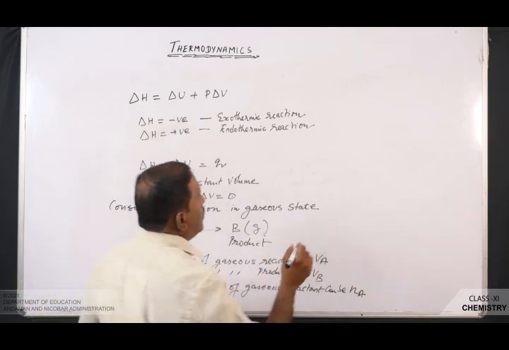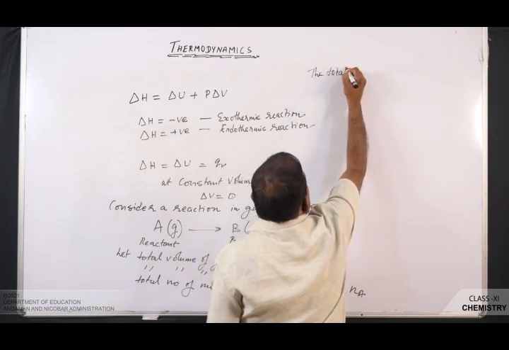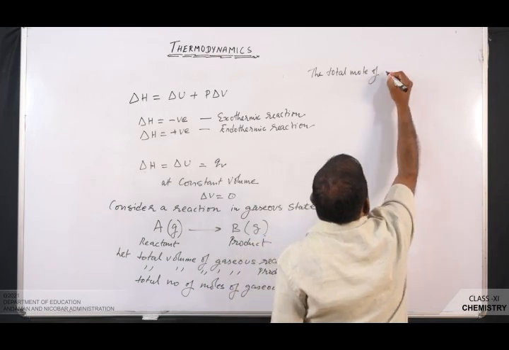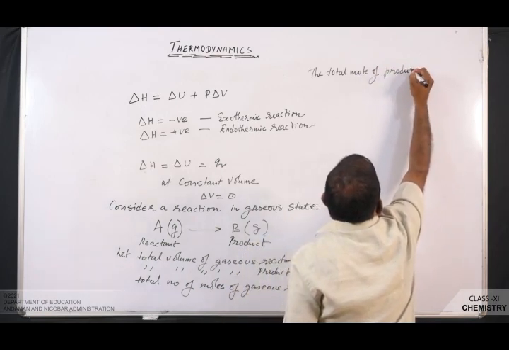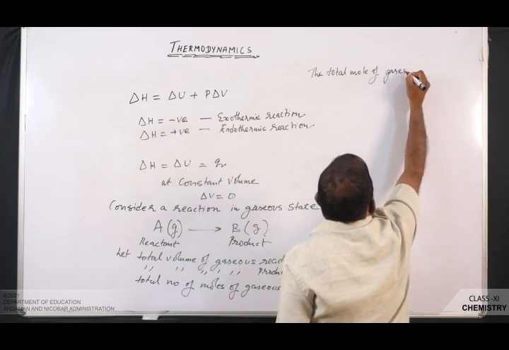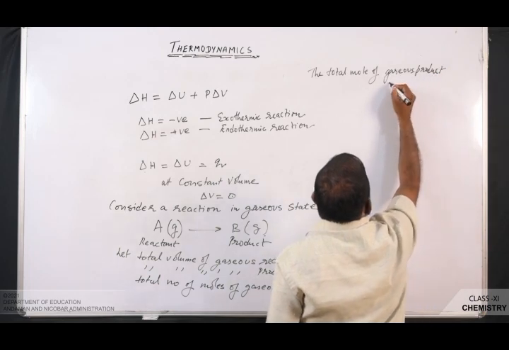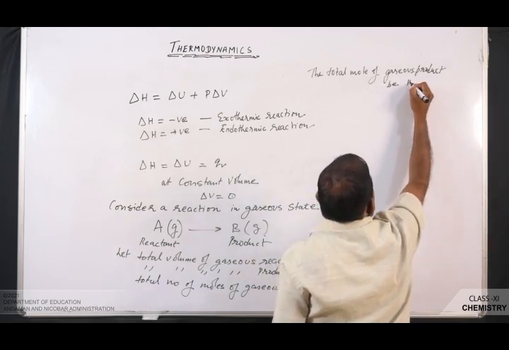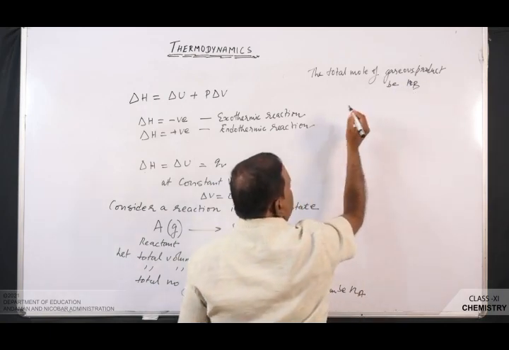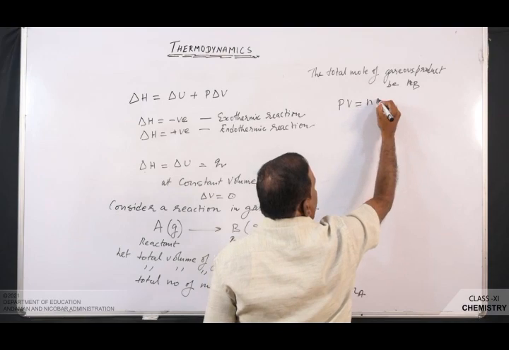Now the total moles of gaseous product B is NB. So from the ideal gas equation we know PV is equal to nRT.